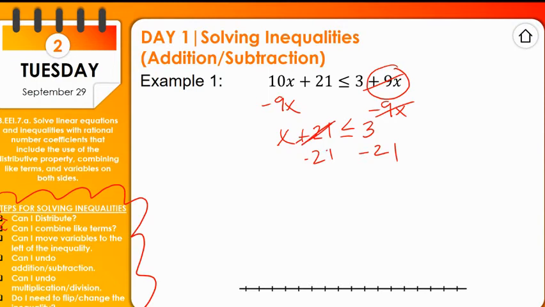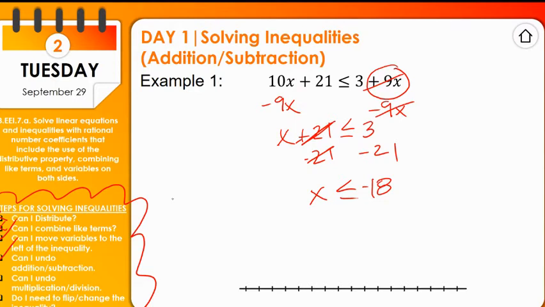The inverse operation of addition is subtraction. So can I move variables to the left of the inequality? Can I undo addition or subtraction? X is less than or equal to negative 18.